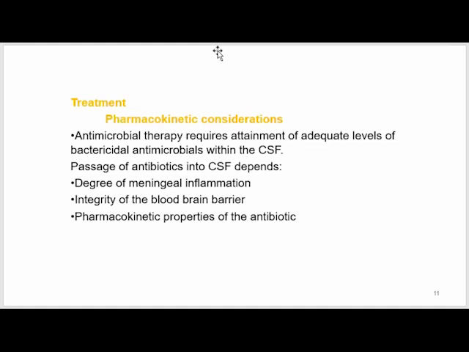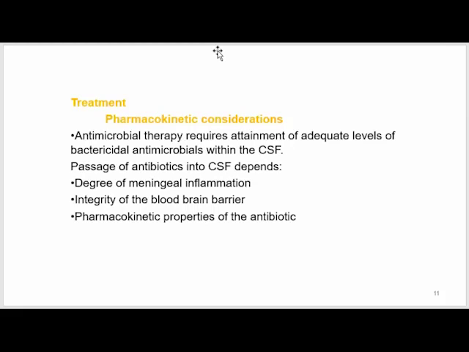Okay? So the passage of antibiotics into the cerebrospinal fluid is very important, and it depends on the following: the degree of meningeal inflammation, the integrity of the blood-brain barrier, and the pharmacokinetics properties of the antibiotics. Okay.